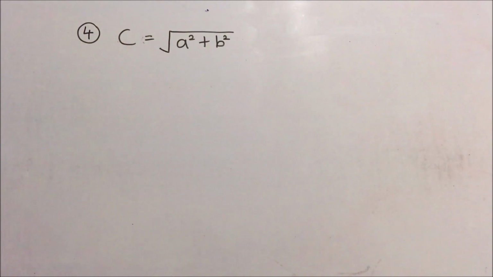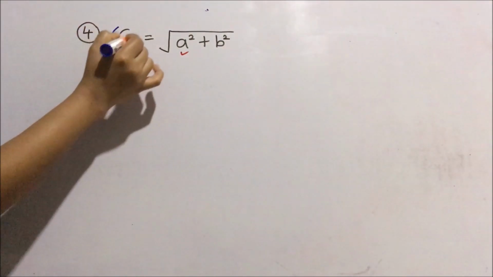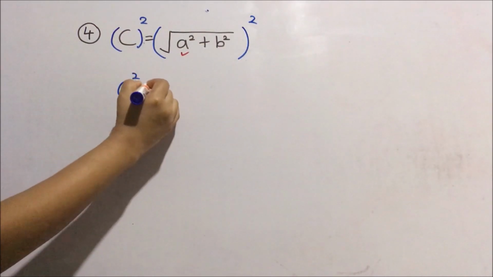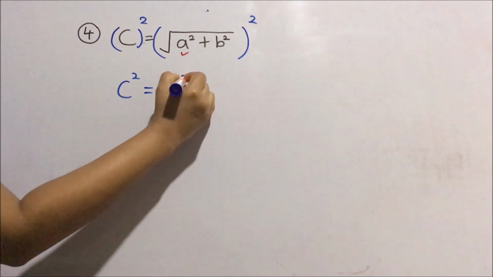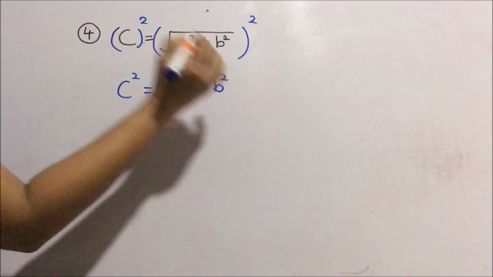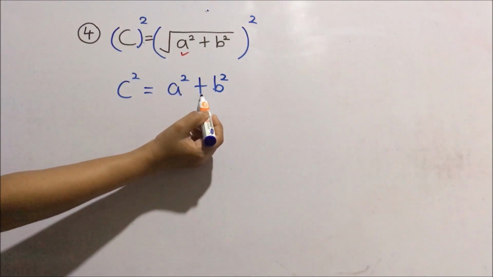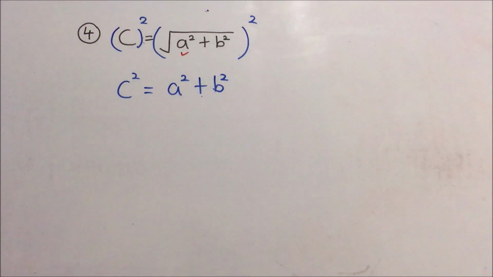C equals the square root of a squared plus b squared. Here we are going to make a the subject of this formula. To get rid of this square root, first we are going to square both sides. Then c squared equals a squared plus b squared. Now the opposite of plus b squared is minus b squared.